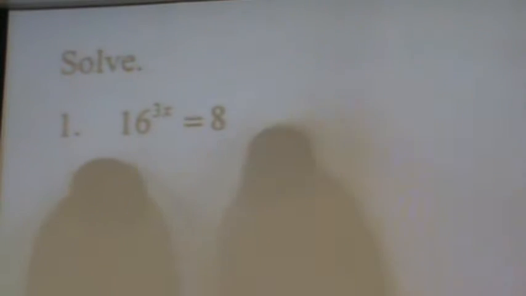Number 1, you've got a 16 and an 8 here. How can you convert a 16 and an 8 so they're both the same base? What would be that base? You said multiply 8 by 2.